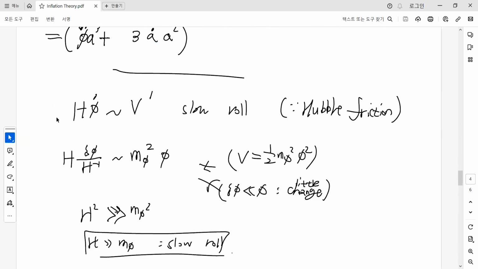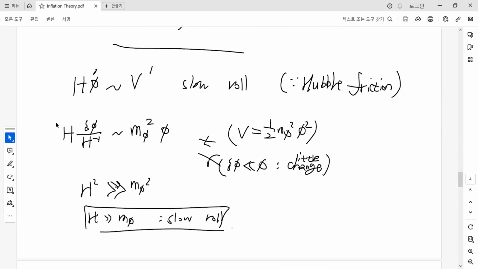If the Hubble friction term is comparable with the derivative of the potential, then the scalar field rolls very slowly, which is called slow roll. So this phi dot term can be replaced by delta phi, the change of the scalar field, with the inverse of H as the typical time scale.